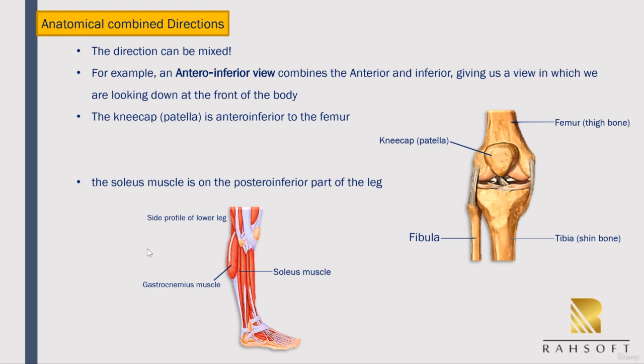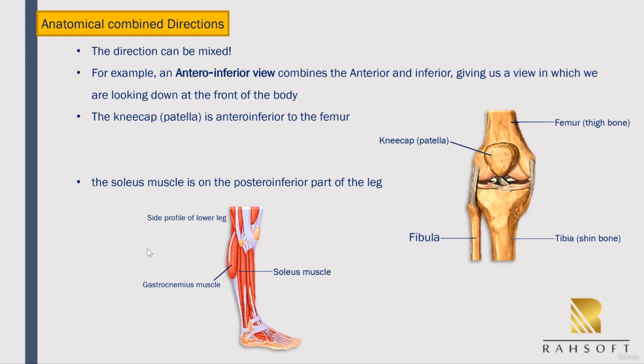So you can also combine these directions in order to have a better understanding of where things are. For example, an antero-inferior view combines the anterior and inferior region, which gives you a whole new view in which you can look down at the front of the body.